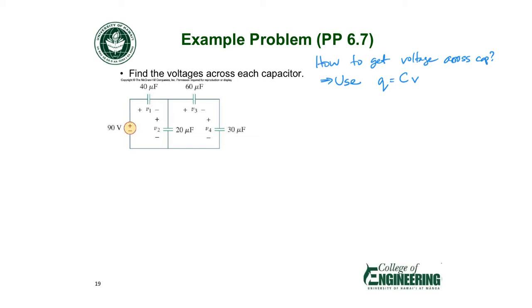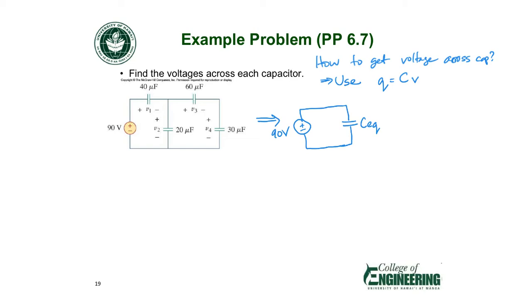Now the question becomes, okay, how do we figure out the charge across these capacitors? Well, if instead of this circuit, I gave you this circuit, you would be able to tell me the charge on that capacitor, because you know the voltage on that capacitor.